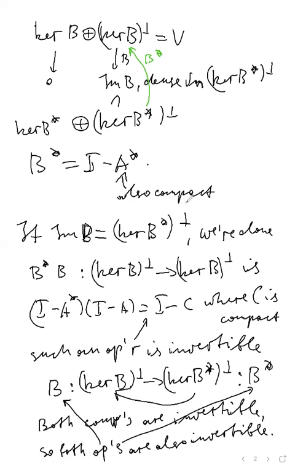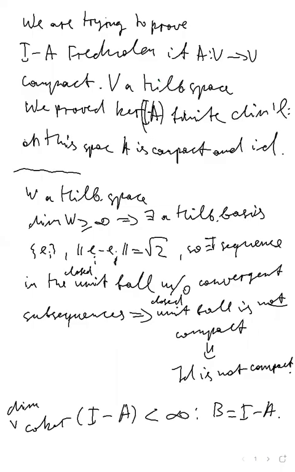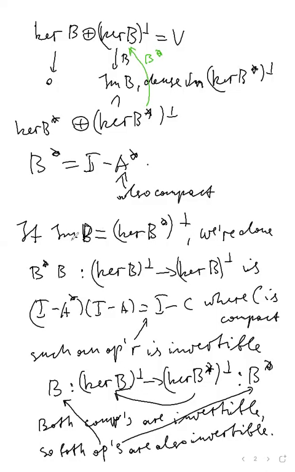And recall that we want to prove, what do we want to prove? We want to prove that the image of B is not just dense; it's exactly equal to the kernel of B star orthogonal.